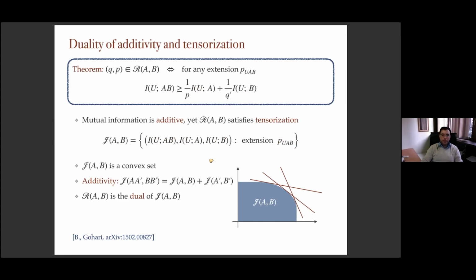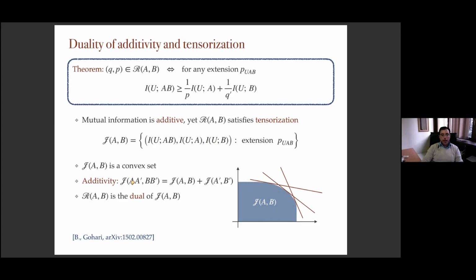Then you can easily show that this set is a convex set. It is a set of this form. Well, this is a two-dimensional picture, but this is a three-dimensional subset, but I guess you get the idea. This J of AB is a convex set, and it is also additive.